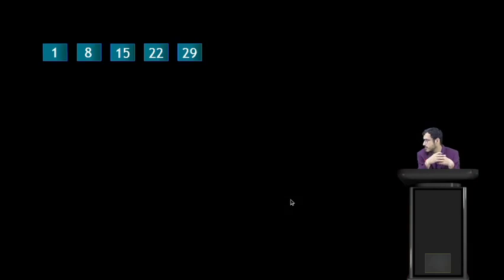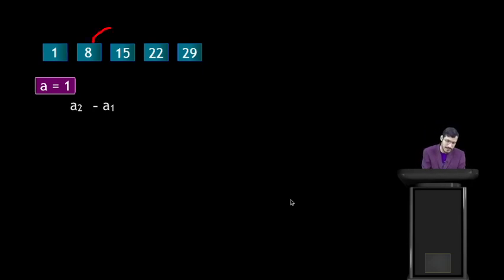So students, you can see one example here: 1, 8, 15, 22 and 29. The first term is 1 here. The second term is 8 here. How can we find the common difference? A2 minus A1: A2 is 8 and A1 is 1.